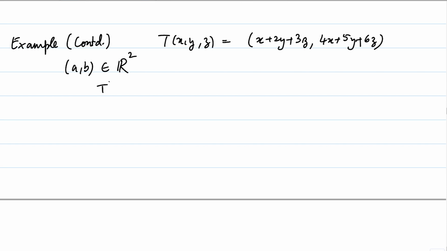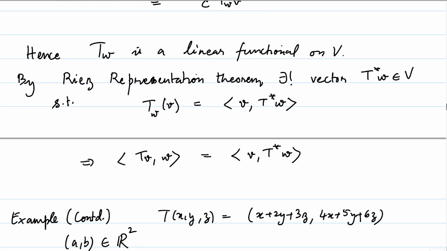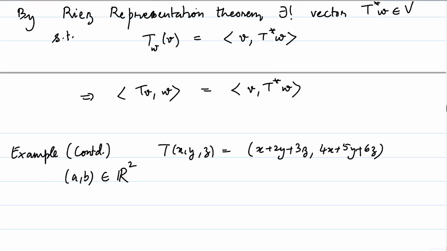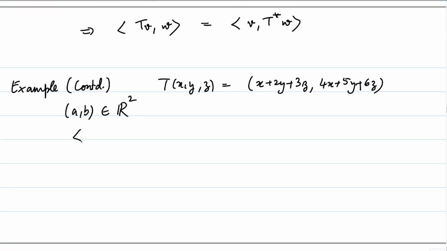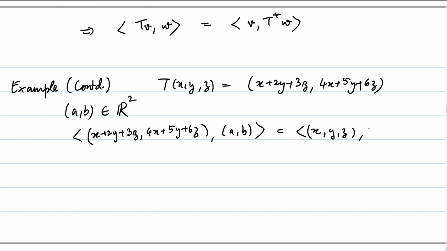So Tv is (x plus 2y plus 3z, 4x plus 5y plus 6z), and this inner product with (a, b) is going to be equal to, what was our v? v is in our case (x, y, z), inner product with T star w. This is precisely the formula we have from star.